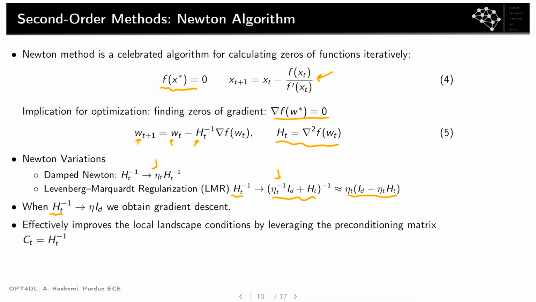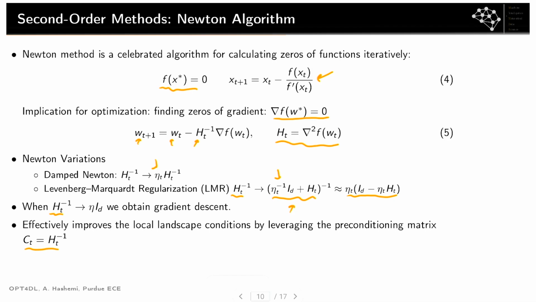Okay. So therefore, what this method is doing is improving the local landscape condition of the function by leveraging a preconditioning matrix. Okay. In particular, the matrix we are using in the Newton method is the inverse of the Hessian. The conditioning matrix that we are using in the LMR approach is this.